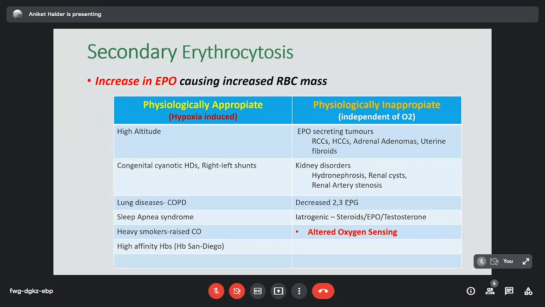This secondary erythrocytosis can also be caused independent of oxygen, in which case it is termed a physiologically inappropriate response.